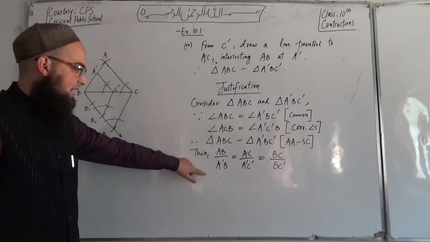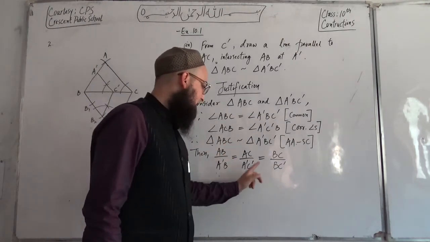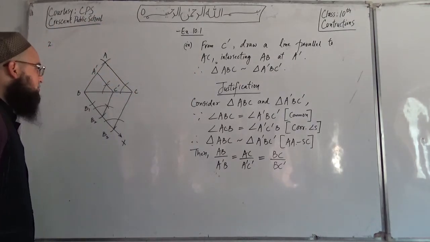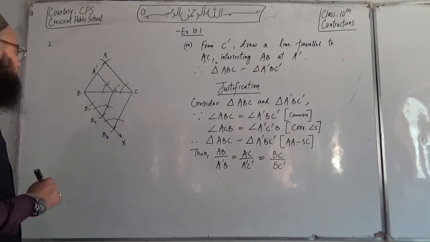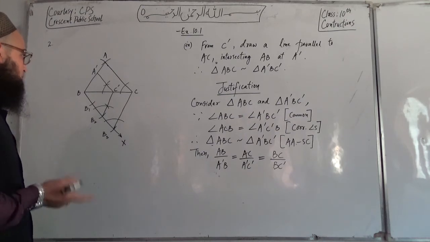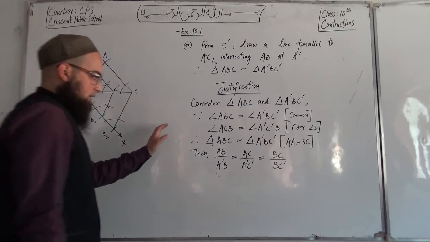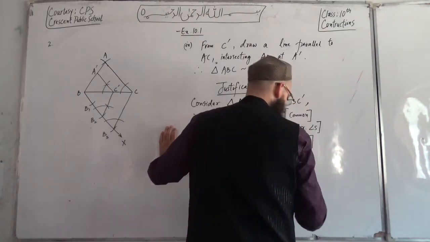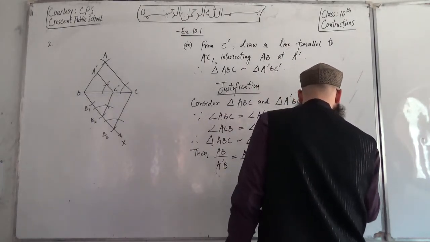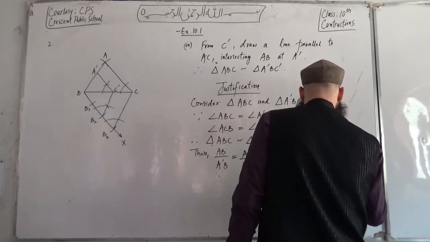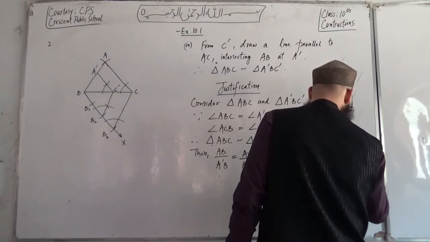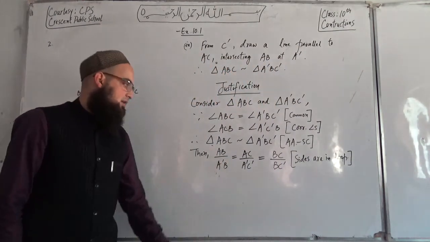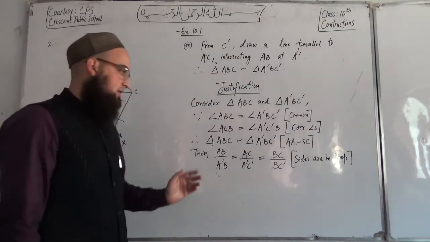Now AB by A dash B is equal to AC by A dash C dash is equal to BC by BC dash. Sides are in proportion, or you can write CPST, corresponding parts of similar triangles.